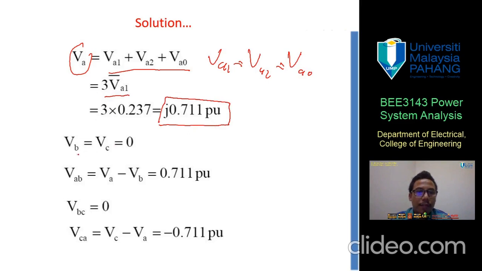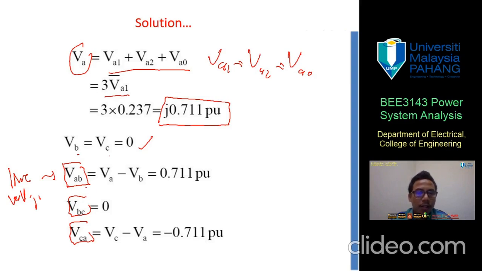And then after that, VB equals VC. Already know this basic theory. Then this is what I call the line voltage. Line voltage must be A to B, B to C, and C to A. There are three of them, because it is three phase.